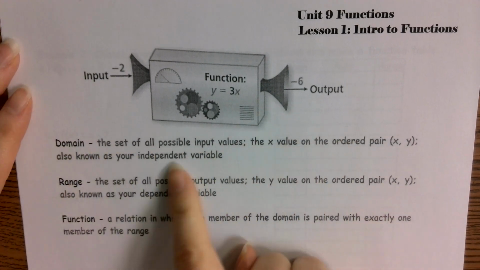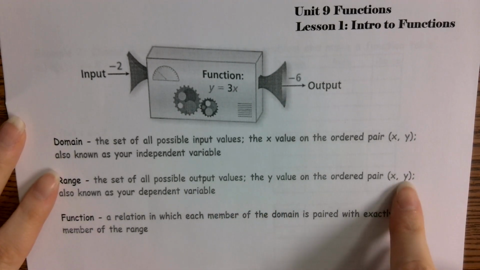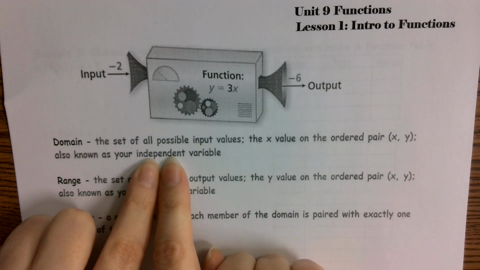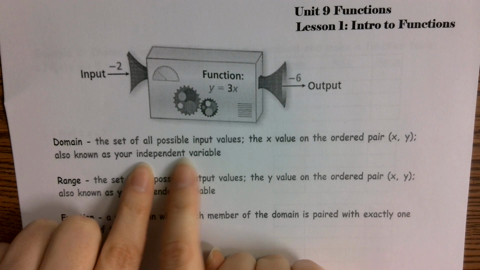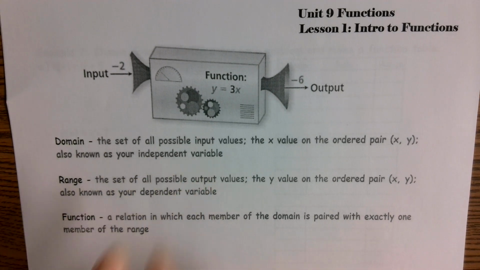So again, our domain is going to be our x values, what we input. Our range is the output, the answer that we get when we plug an x value in. It's the y value. Now you'll notice these keywords that I have here as well. Domains are your independent variable, meaning that they aren't affected by anything. Your domain has no effect to itself.